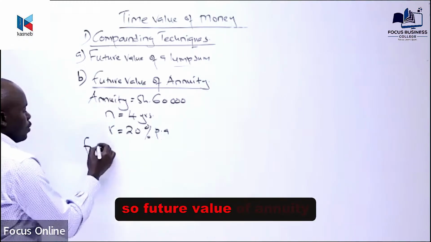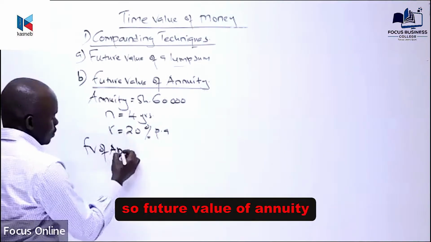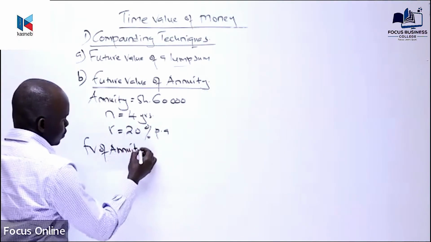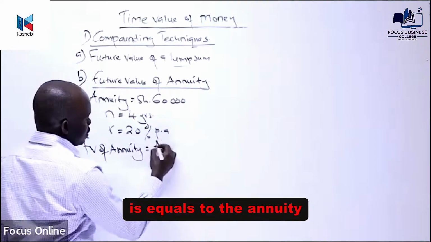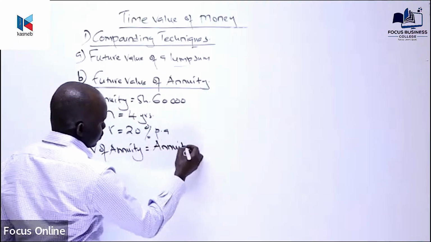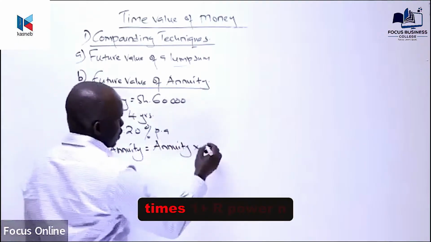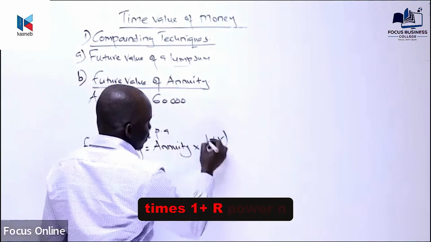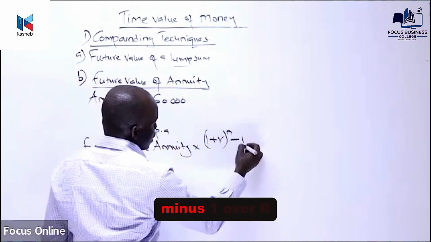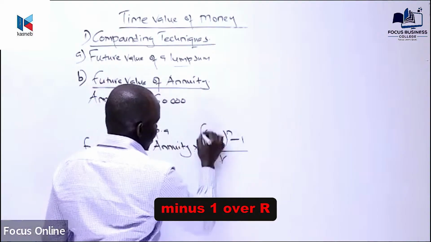So we want the value of the investment after 4 years. So future value of annuity is equal to the annuity times 1 plus r power n minus 1 over r.